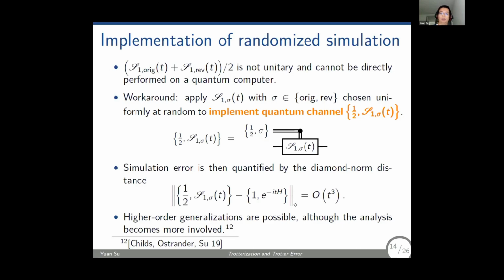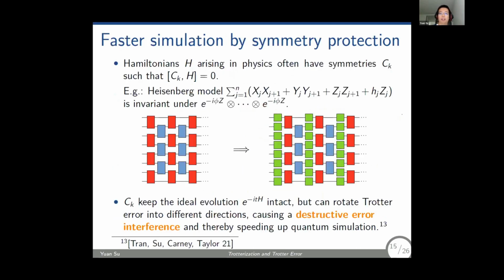Okay, great. So this is the first idea. The second idea is to use some symmetry properties of the Hamiltonian. You can usually find operations that commute with the Hamiltonian. An example would be going back to the Heisenberg model, where this Hamiltonian is invariant under a collective rotation on each one of the qubits with the same rotation angle.